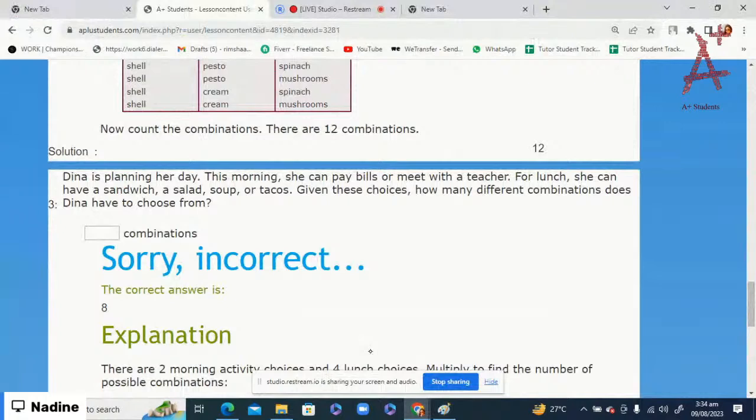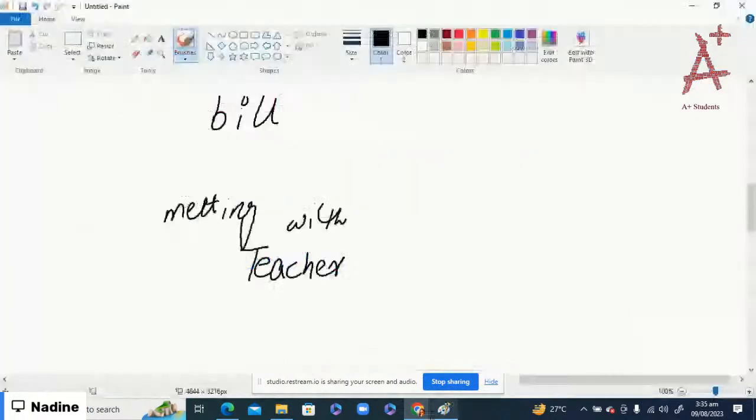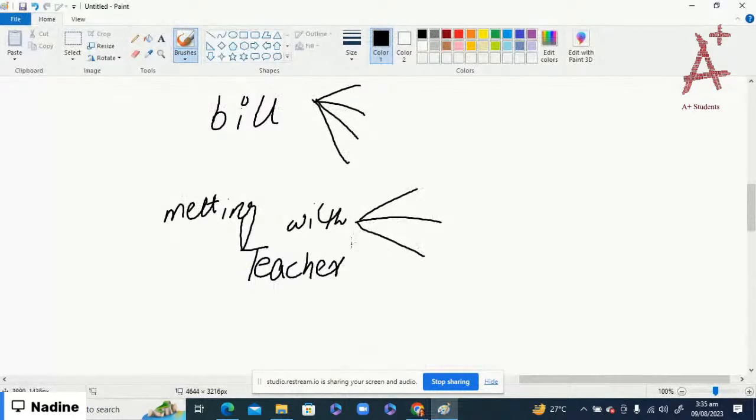Now, how many for lunch: sandwich, salad, soup, and tacos? Four things. One, two, three, and four for this. One, two, three, and four for this. This is for sandwiches, this is for salads.